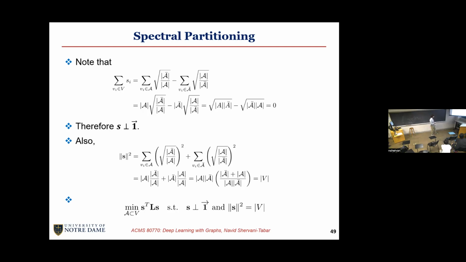The other constraint is that if we find the square of its L2 norm, it is going to be equal to the total number of the nodes. So the size of that vector S is basically the square root of the total number of the nodes that we have. And we can show that again, like we showed before. We write this as basically sum over all the squares of all the elements.